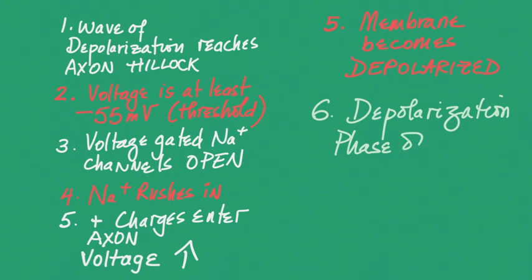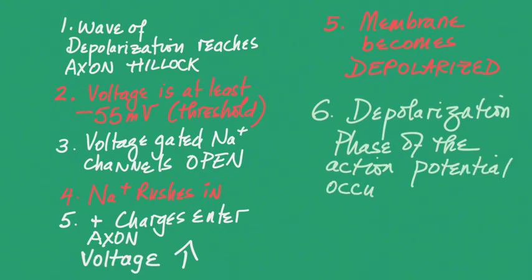So the depolarization phase of the action potential is triggered by the opening of voltage gated sodium channels. The range of voltage for the depolarization phase is from minus 55 millivolts to plus 20 millivolts.